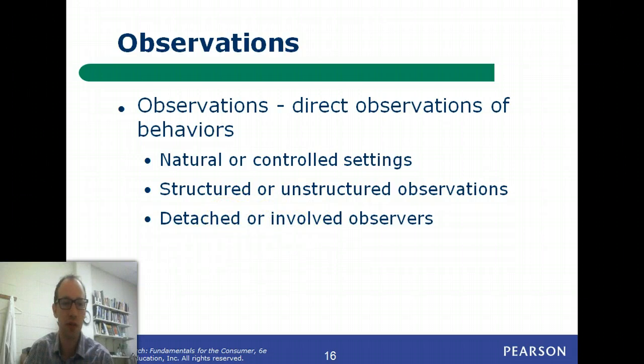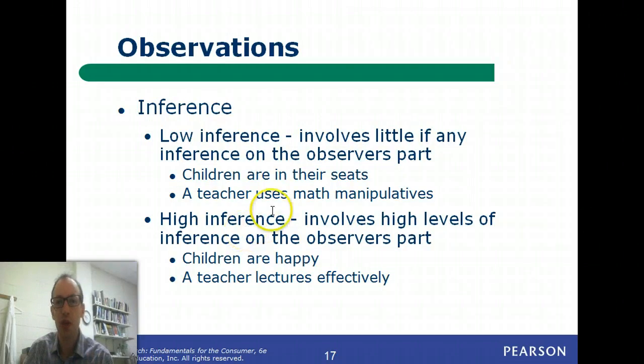Detached or involved. Could be observations where it's a very specific thing that you're looking for. Hand goes up. Student looks out the window. Or it could be children are happy. Yeah, that's a pretty vague thing, but there may be causes for using that in an observation.